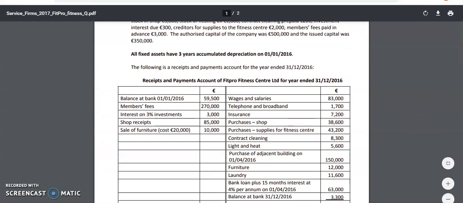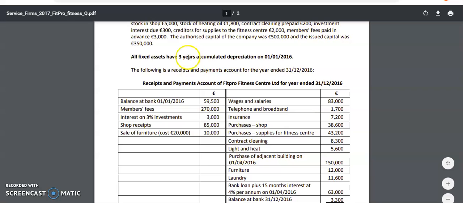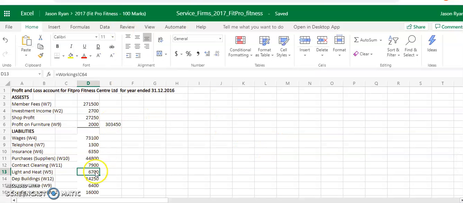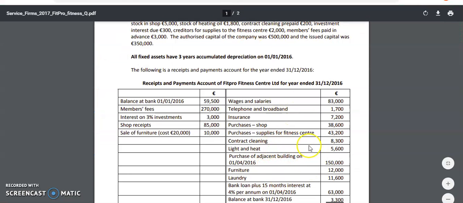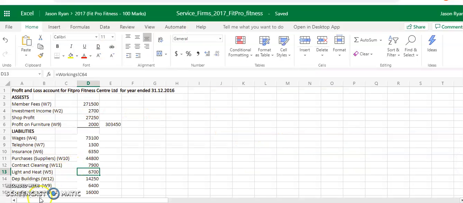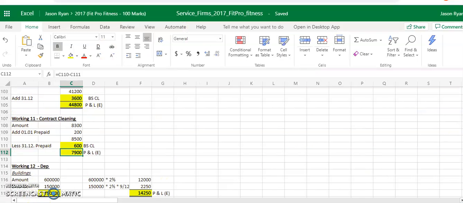Then the next item is your light and heat. So you would have had an adjustment on that. So light and heat, 6,700, from working 5. Then you've got, so we bought buildings. So we're going to have depreciation for buildings and depreciation for furniture. So those two are going to be your next two workings.